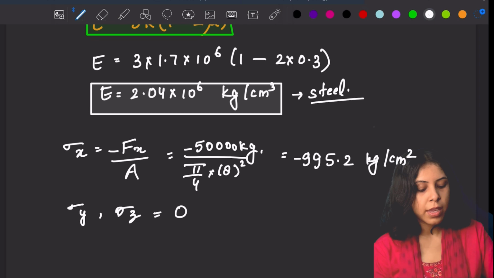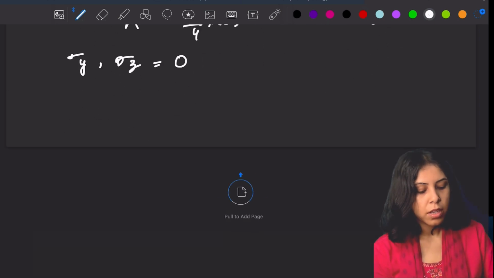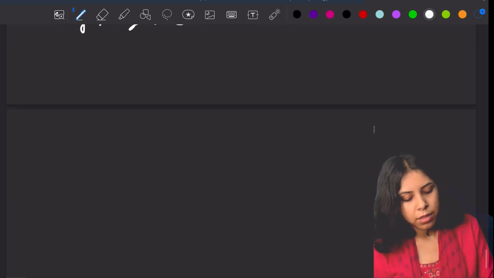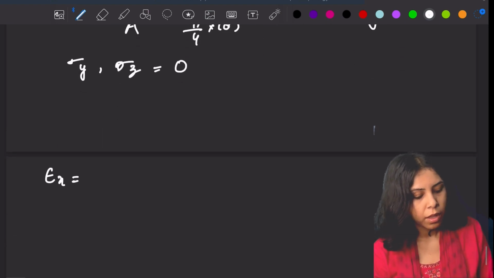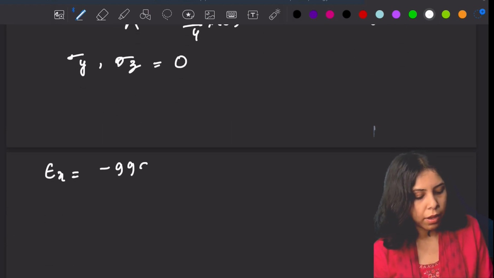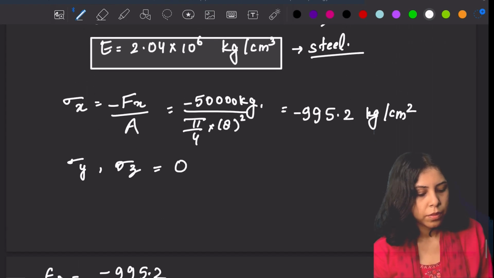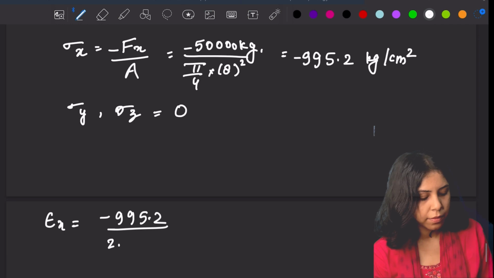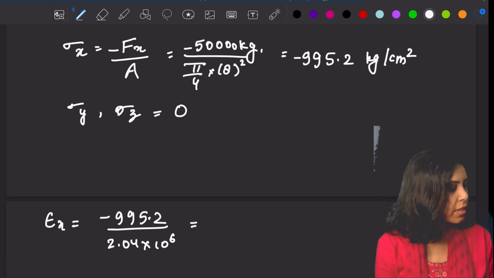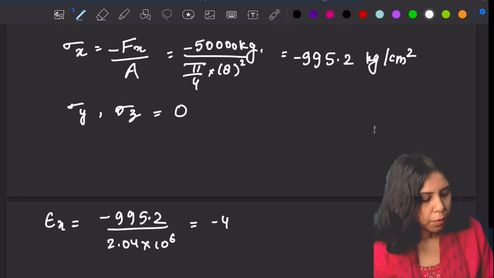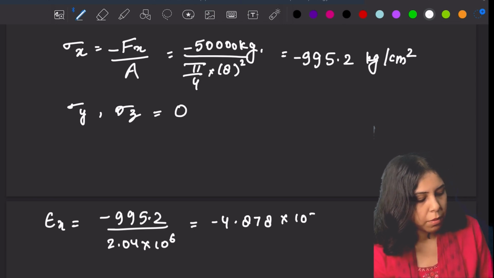Now I have E, I have sigma x, I can calculate all the three strains. Epsilon x is equal to sigma x, that is minus 995.2 divided by 2.04 into 10 to the power 6, and it comes as minus 4.878 into 10 to the power minus 4.